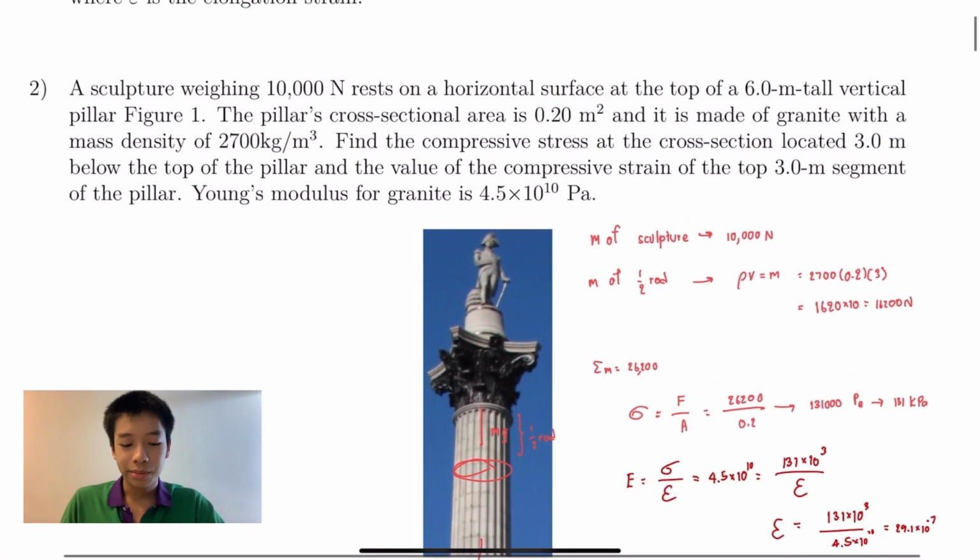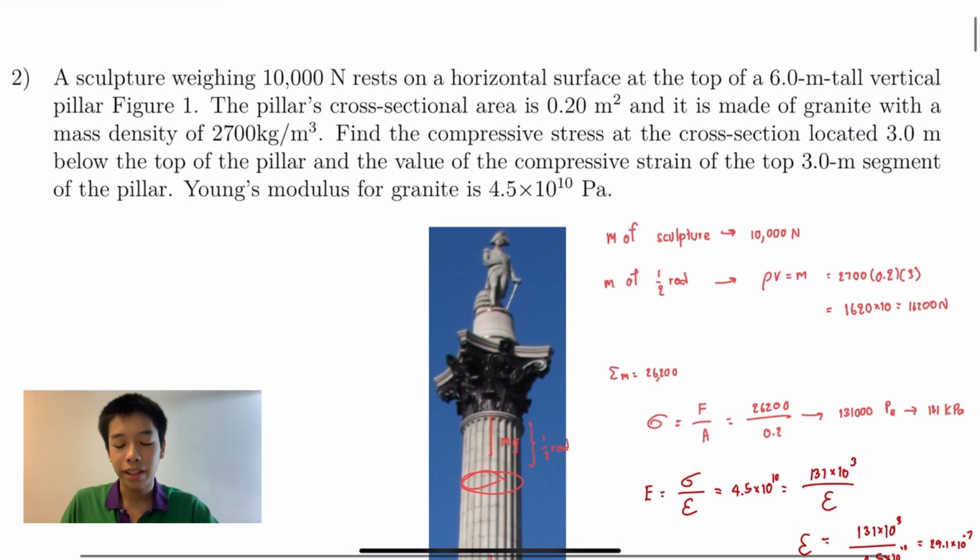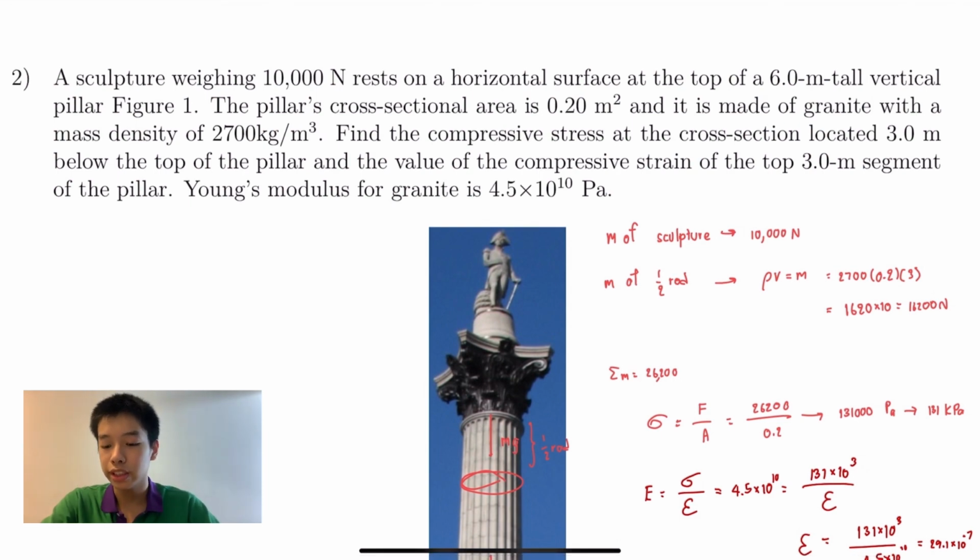Question number 2. A sculpture weighing 10,000 Newton rests on a horizontal surface at the top of a 6 meter tall vertical pillar, Figure 1. The pillar's cross-sectional area is 0.2 square meters and it is made of granite with a mass density of 2,700 kg per meter cubed.